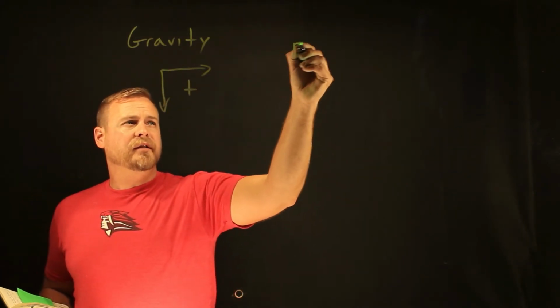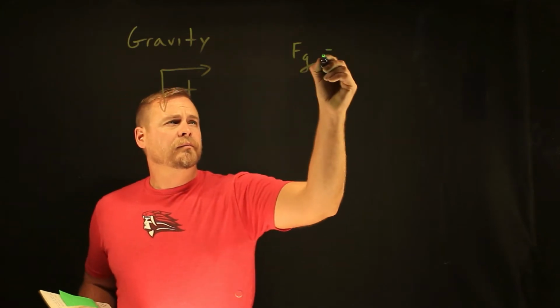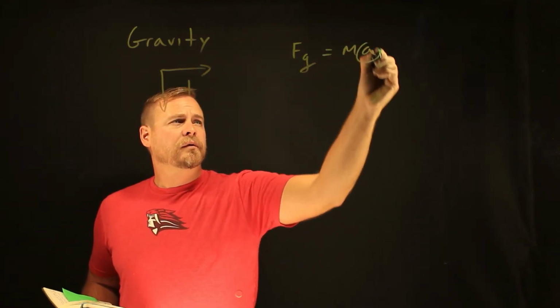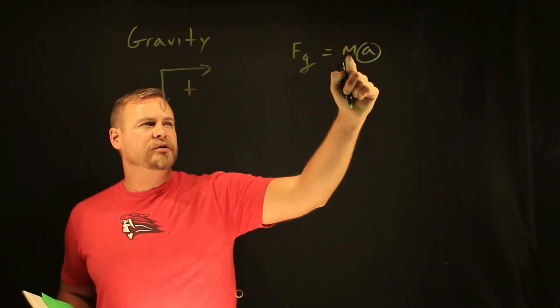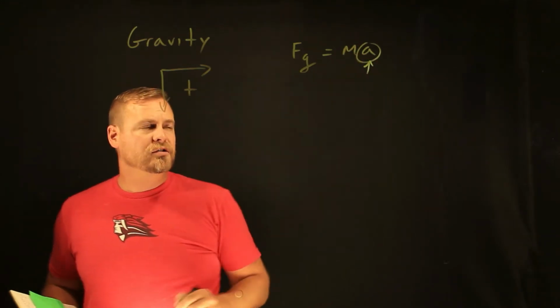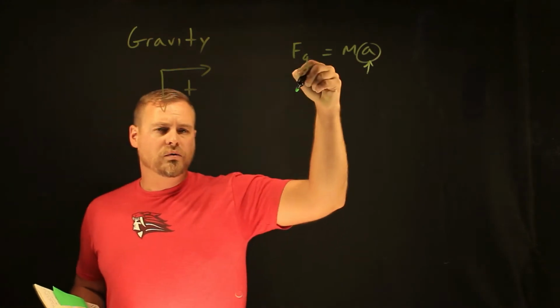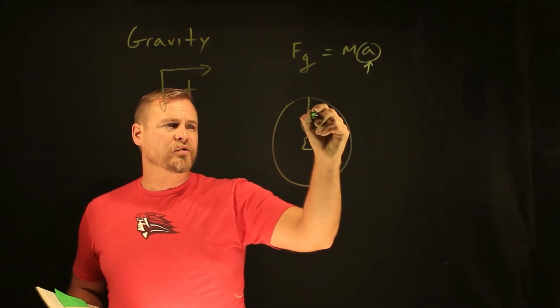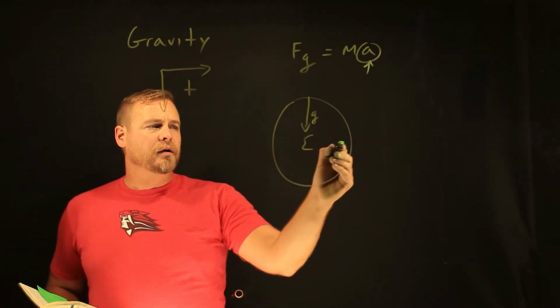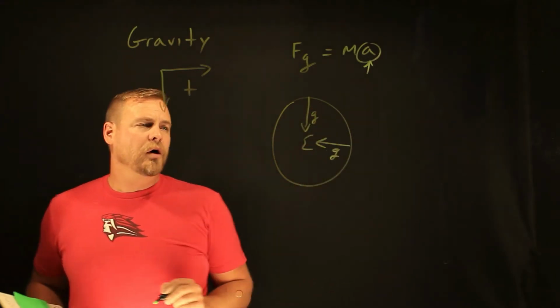Now, the force of gravity is equal to the mass of some object times an acceleration. So this acceleration caused by Earth's gravity is always down to the center of the most massive thing, so anywhere on the planet that you are.